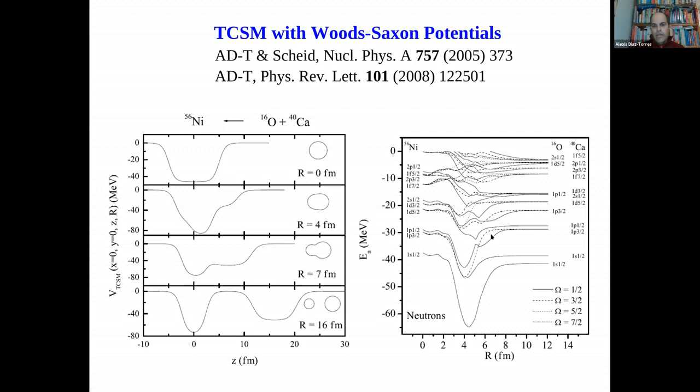Behind this picture is the assumption that the time scale associated with the motion of the capital R is much larger. Typically in collisions at energies near the Coulomb barrier, this time scale is of the order of zeptoseconds, 10 to the minus 21 seconds.